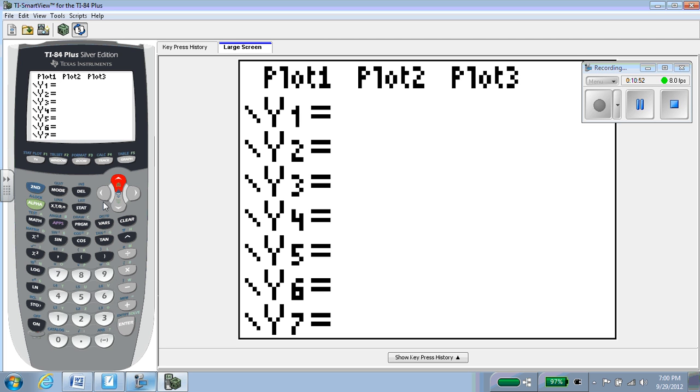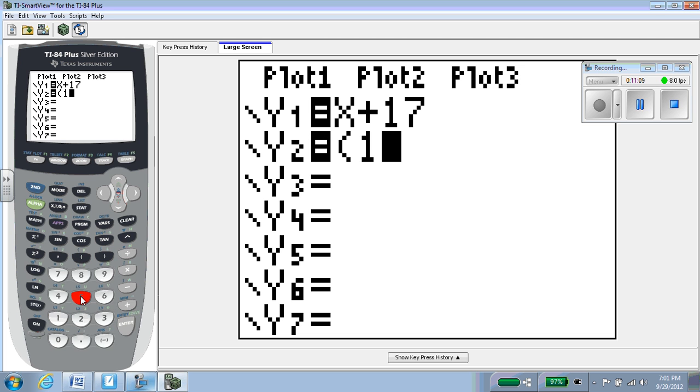And try one more. So y equals x plus 17. And y equals 1/5 x plus 1. Oops, forgot my divide. 1/5 x plus 1.